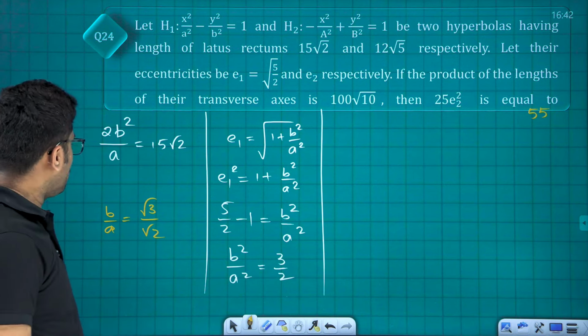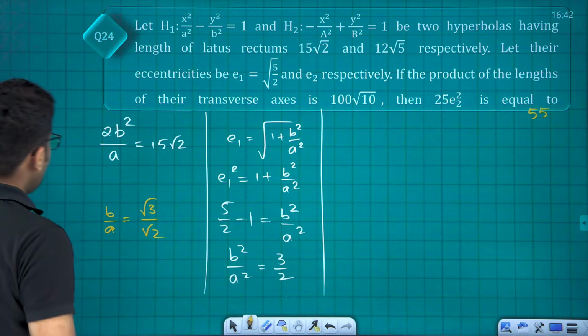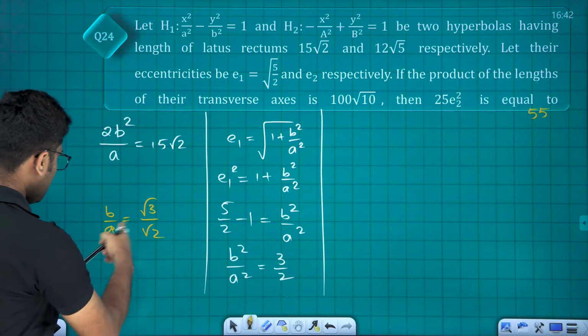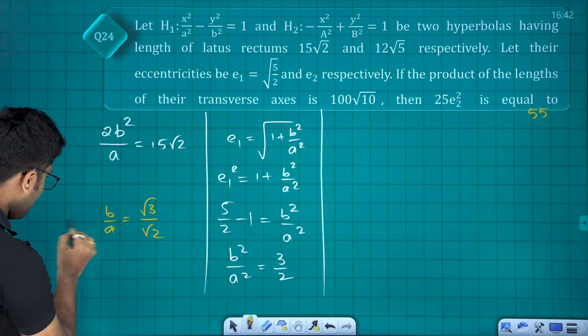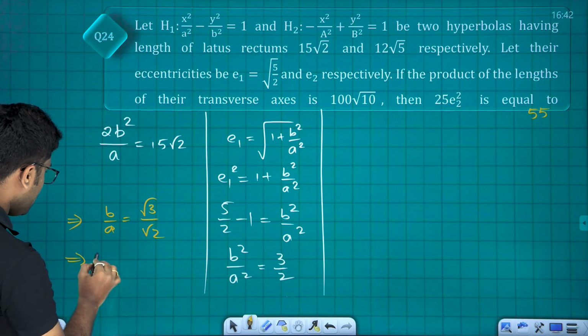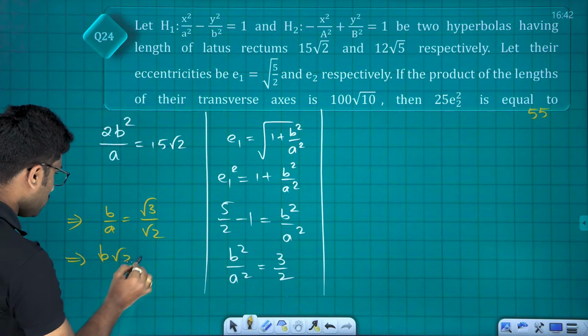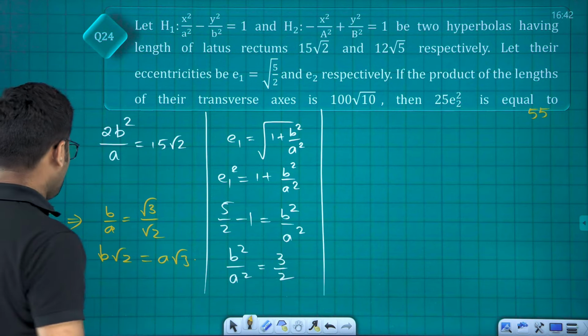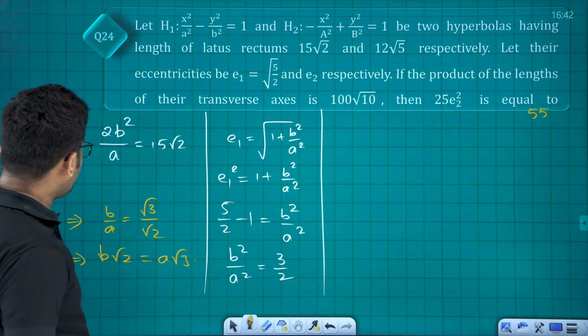Done. Now cross multiplication, we get b times root 2 is equals to a times root 3.